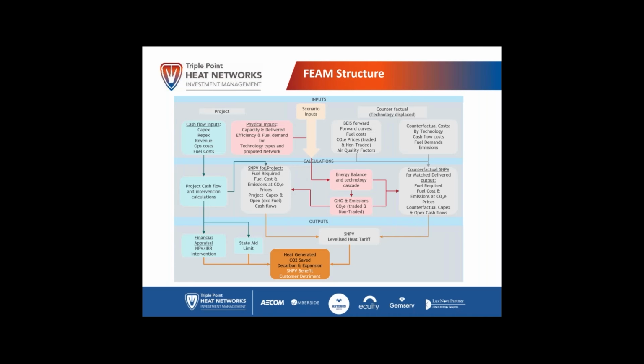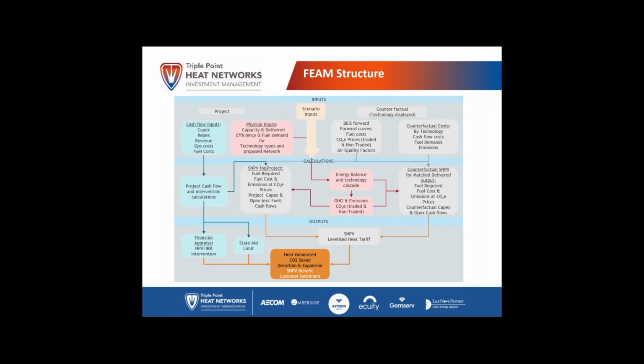So some people find this helpful, some people don't. This is just because we're not sharing the model. It's just a picture of how the model works in terms of its inputs, its calculations, and its outputs.